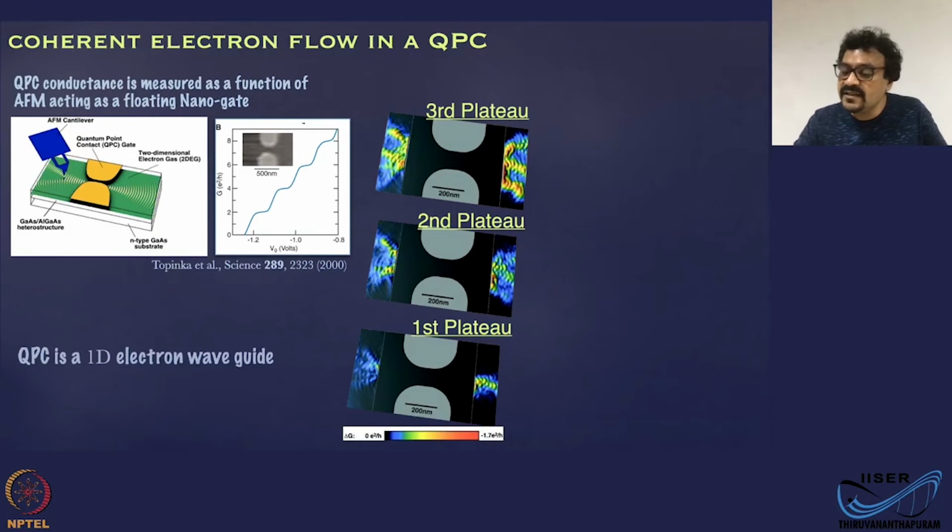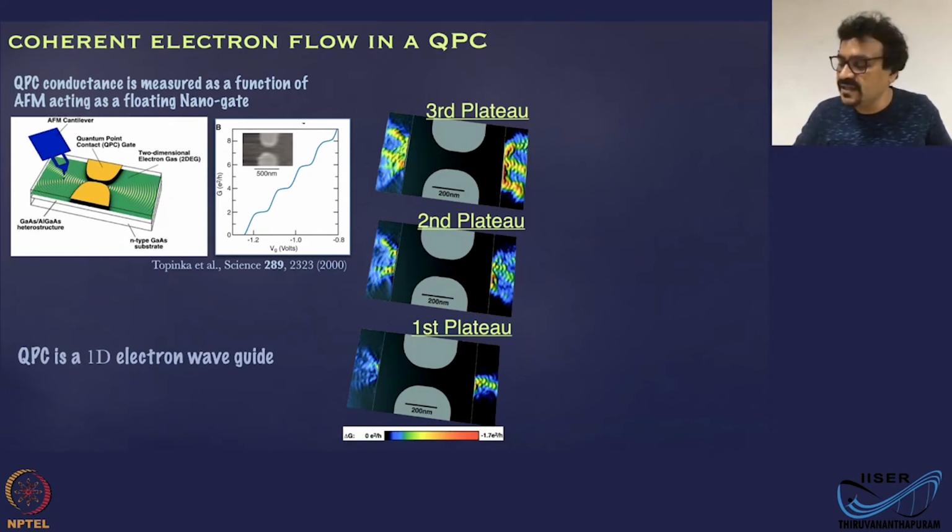So when they scan the tip over the sample, whenever the tip is on top of one of these modes, then because of the field due to the tip, the transport through the channel will get affected, and that they somehow decode and plot it.